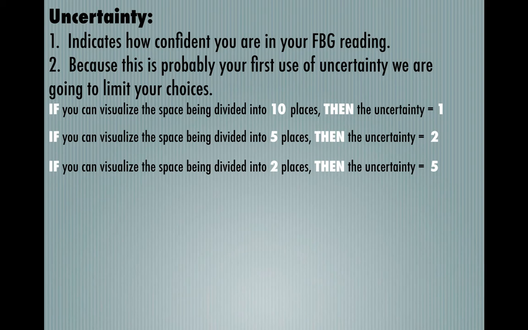It's not bad. I don't have as much confidence as I would have if I had a 1. And 5 means, yeah, this could be anywhere really, and I'm not really confident, so my uncertainty is going to be larger.